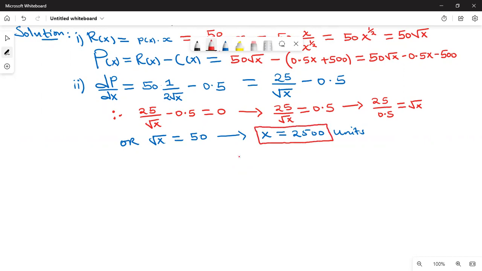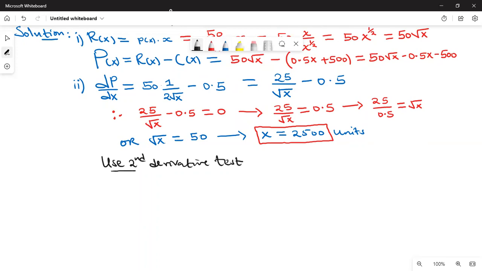But I told you we are not sure whether the value of x that we have found will give us the maximum profit. So we have to test so that we are sure. We need to use the second derivative test.